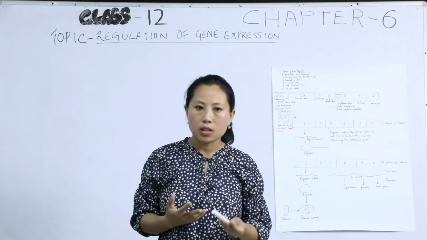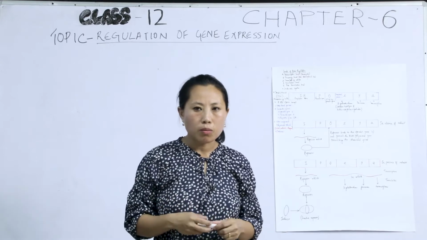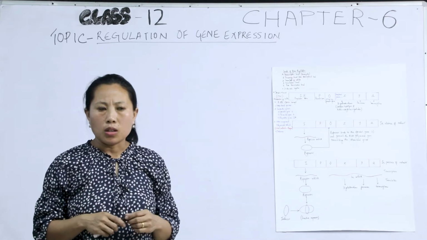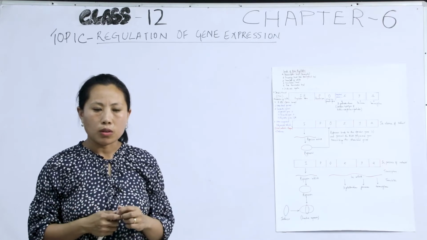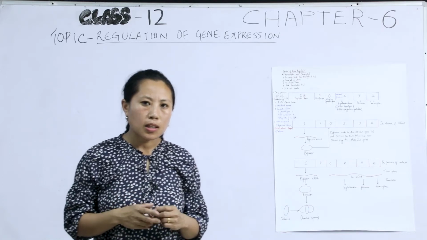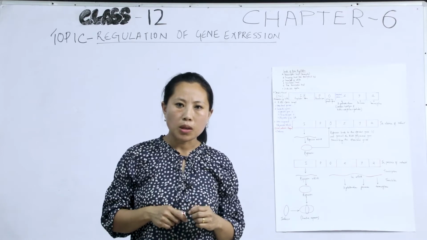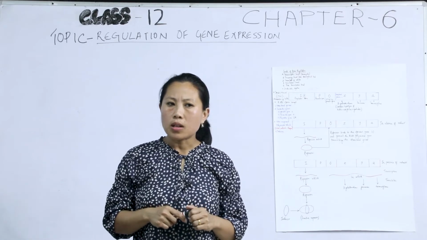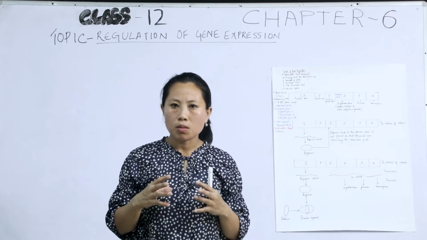We have discussed that DNA contains the genetic information which codes for all the proteins of a cell. However, these proteins which are coded by the DNA may not be required by the cell at the same time. You know that genes are segments of DNA.